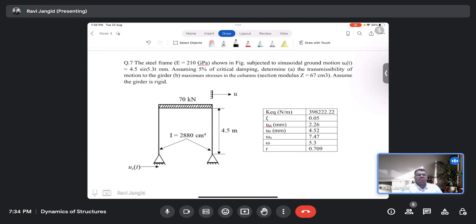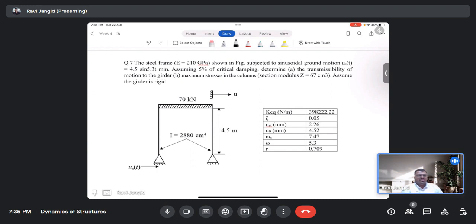If I take the absolute, there is also rigid motion that I need to separate out. My column will deform only due to the relative motion, the relative displacement. Did you get it? Yeah, understood.